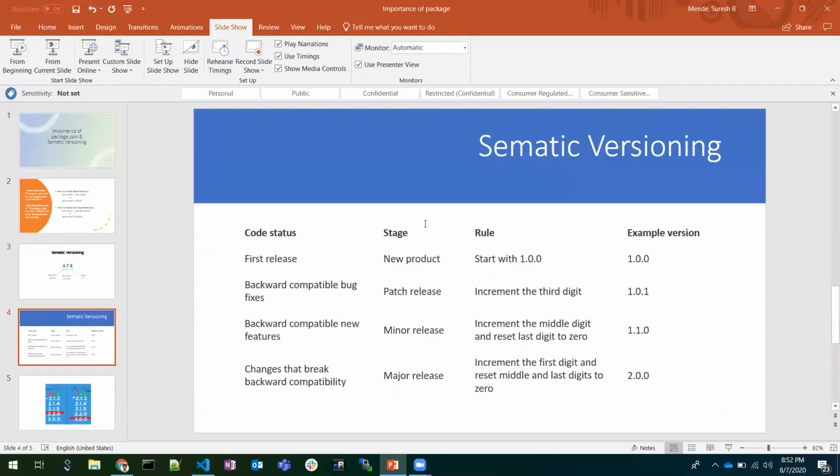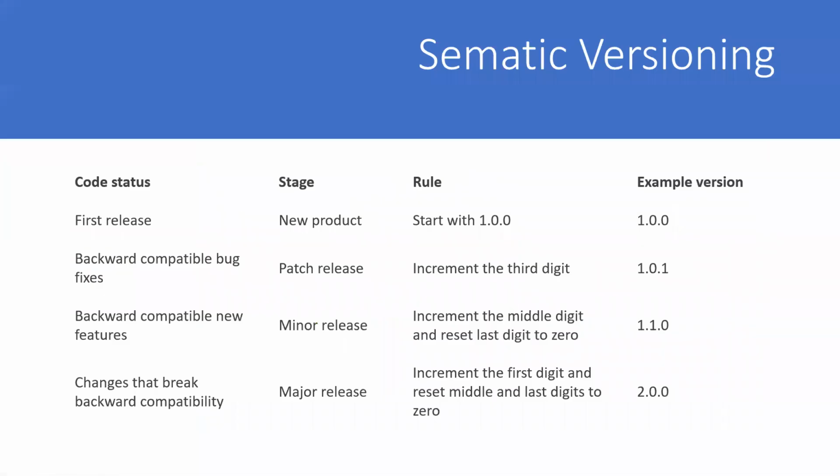For example, if you create a new product or new package, you need to start your package version with 1.0.0, not with 0.0.1. Thereafter, if there is any bug, we need to release 1.0.1 by fixing that bug, and this version should have backward compatibility as well.